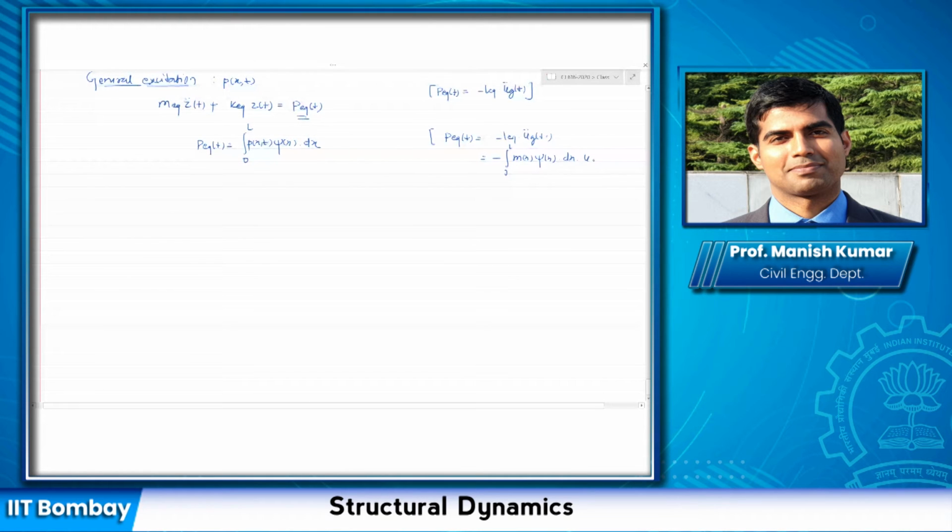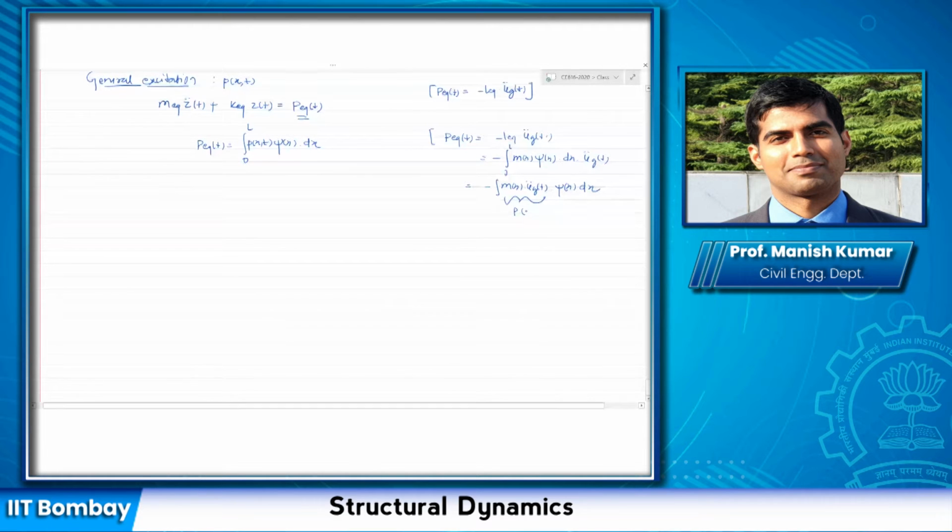And if you like, you can combine this with the m(x) here and call this the equivalent of p(x,t), which is similar to here.